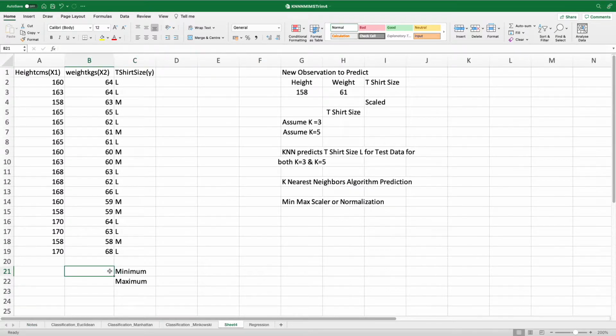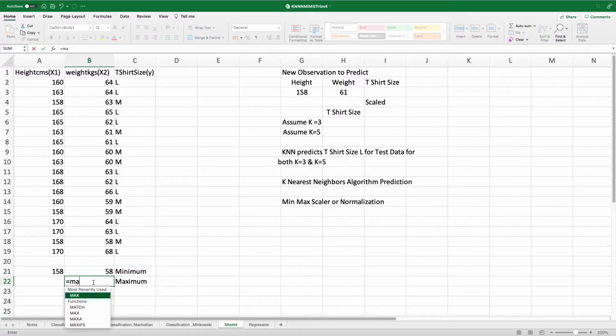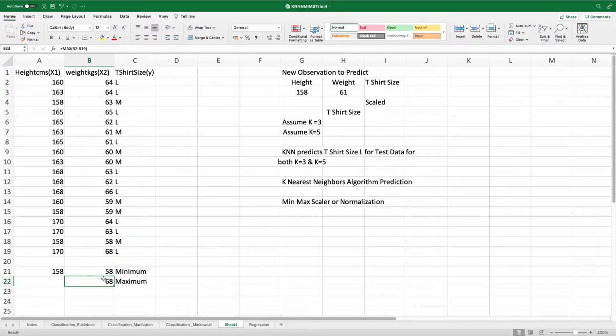So the minimum is equal to min of the range. The minimum of the range is 58. I will drag the formula to the left side. The minimum is 158. Maximum is equal to max of the range, close bracket, enter, and drag it to the right.